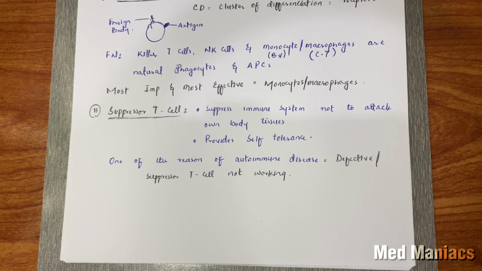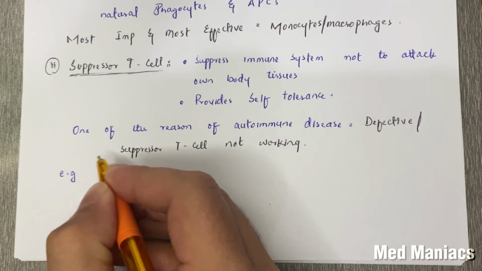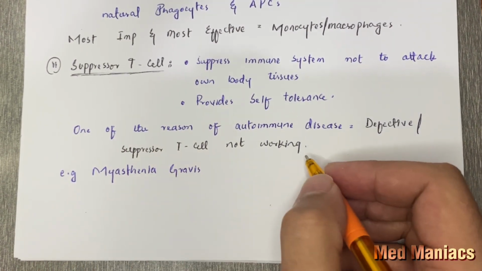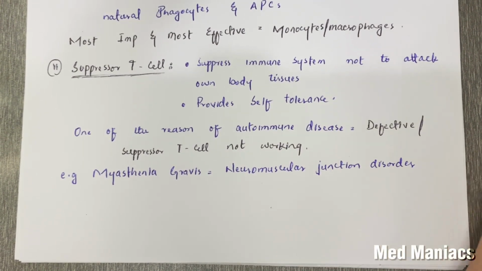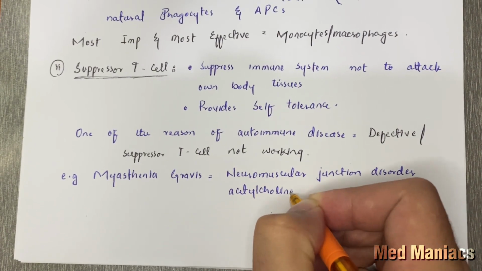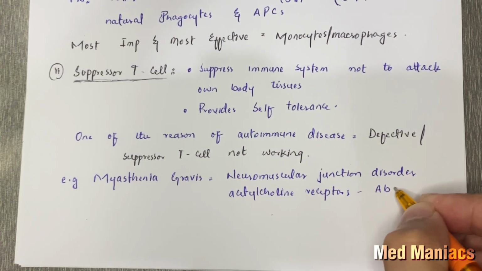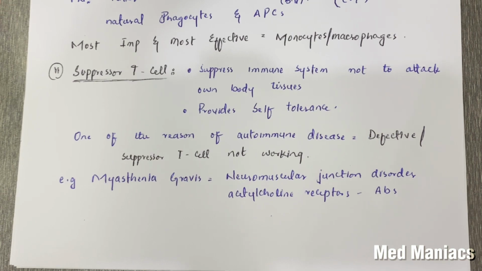So what it means is that if the suppressor T cell is defective, the immune cells would start attacking our own body tissues. For example, myasthenia gravis. It is a neuromuscular junction disorder in which antibodies produced by our own immune cells block, alter, or destroy acetylcholine receptors.